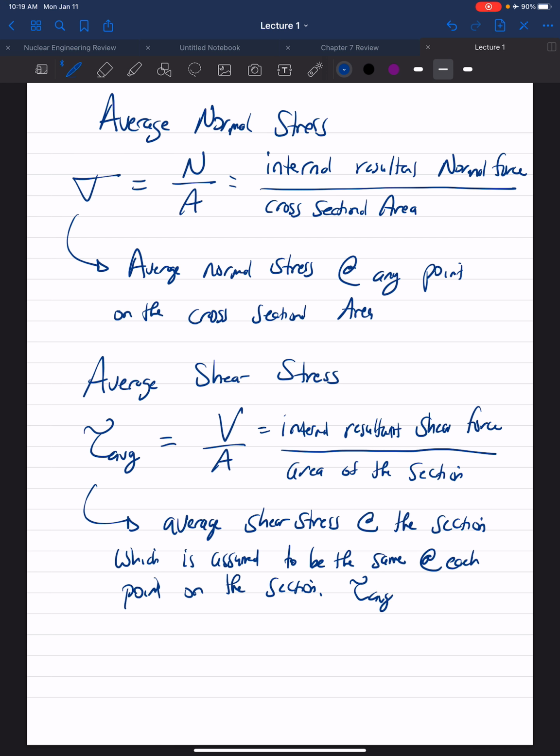The average shear stress has the same direction as the shear force V.